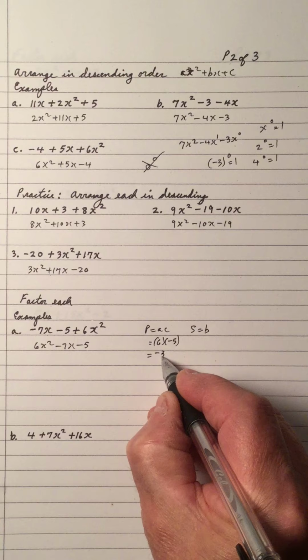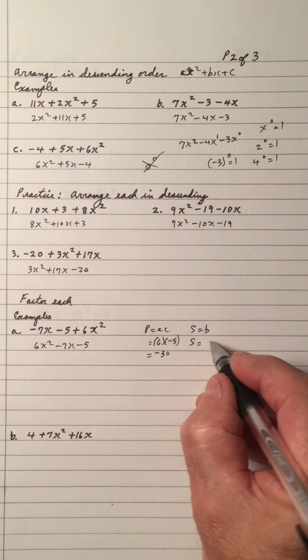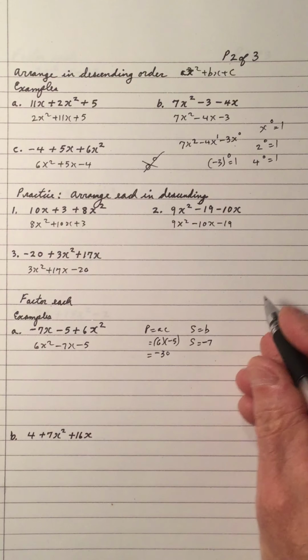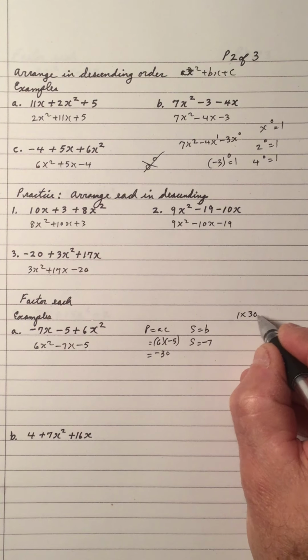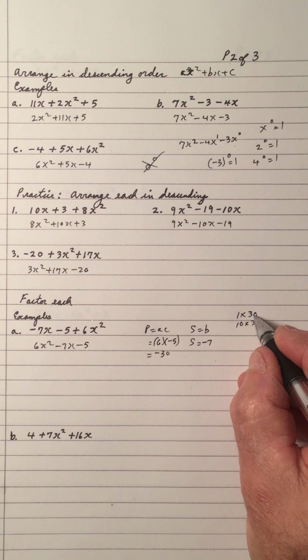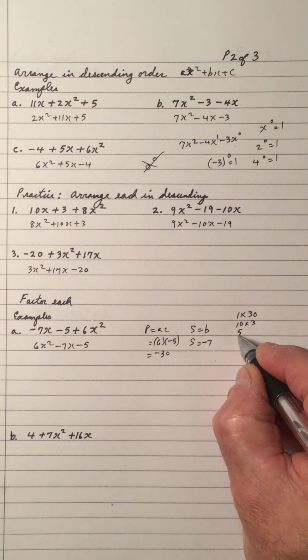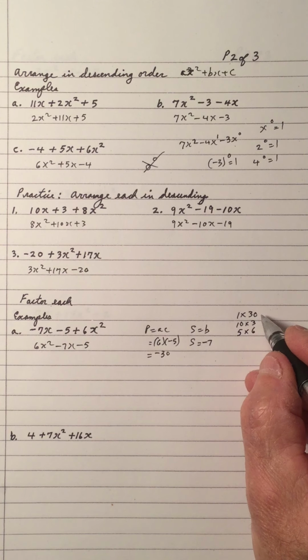So that gives me negative 30. And the sum is B, which is negative 7. So factors of 30 is 1 times 30. 30 has a 10, so it's 10 times 3. 30 also has a 5, because 5 is in 10, so it's 5 times 6 is 30.